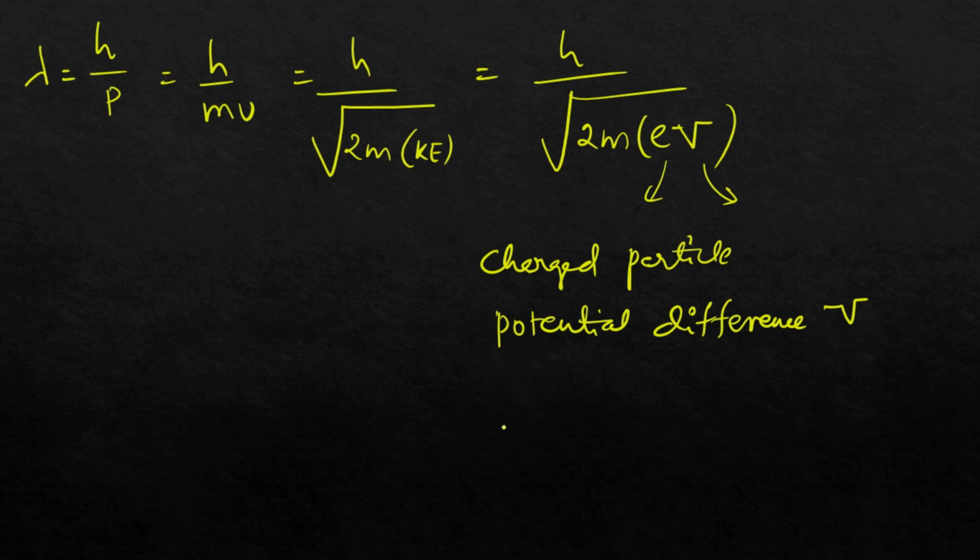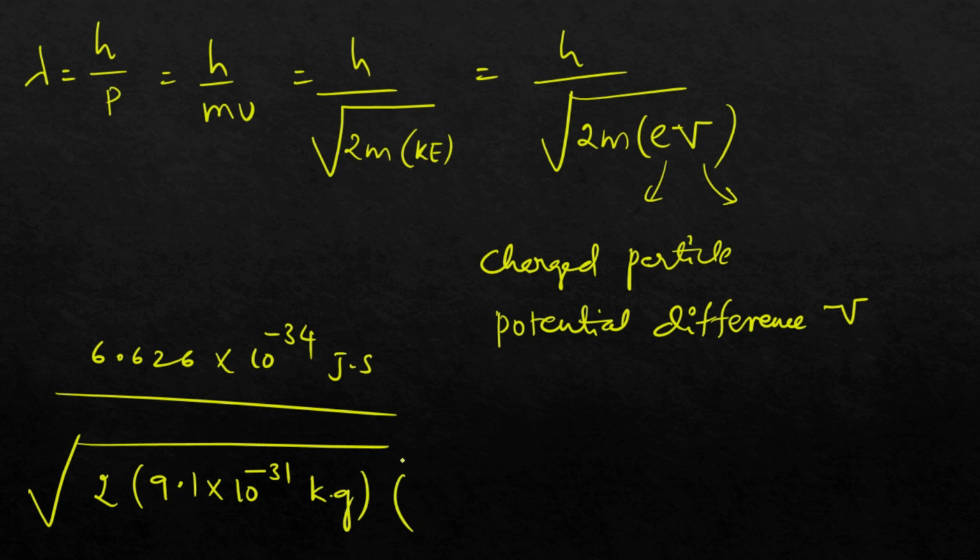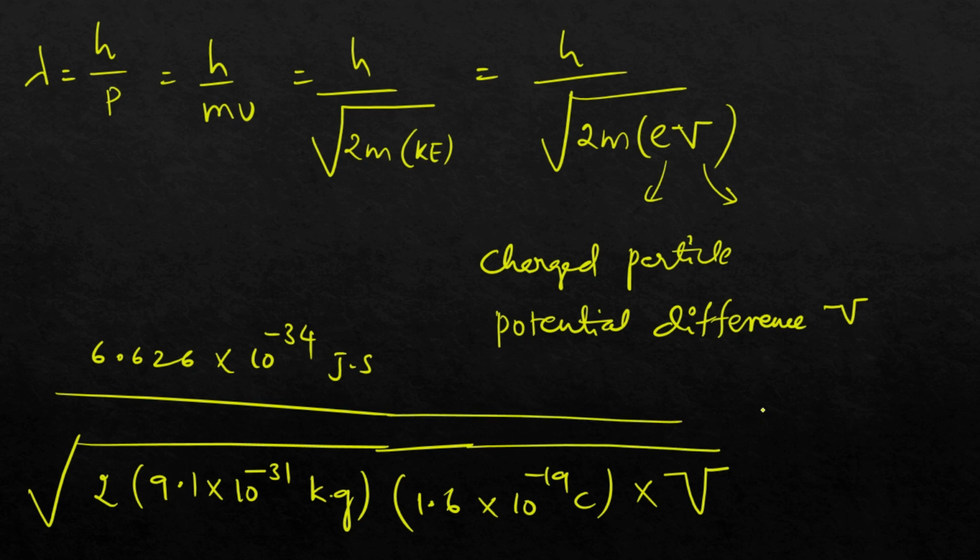This is only for charged species which are accelerating or moving with V potential difference. If you apply h value 6.626 into 10 power minus 34 joule second, and square root of 2 into mass of electron 9.1 into 10 power minus 31 kg, and charge of electron 1.6 into 10 power minus 19 coulomb, into potential difference, which they'll give in the question.